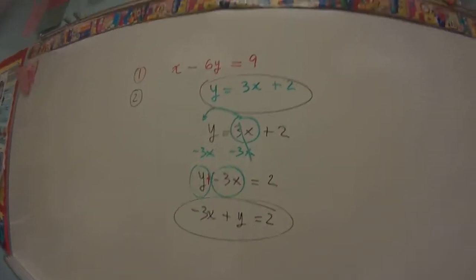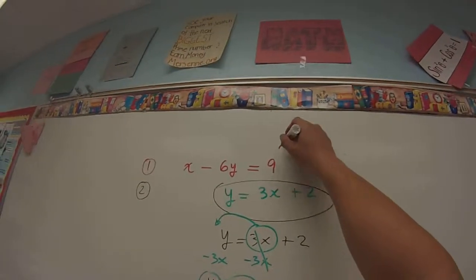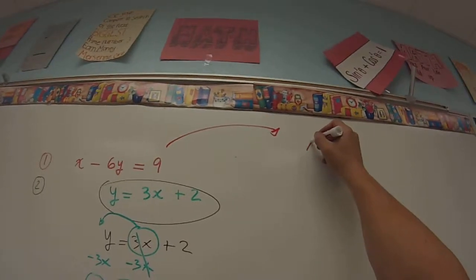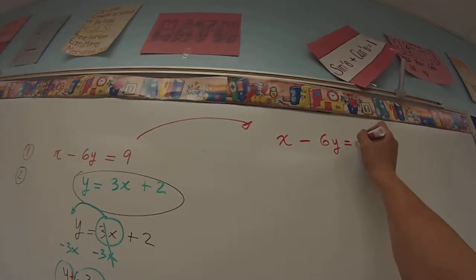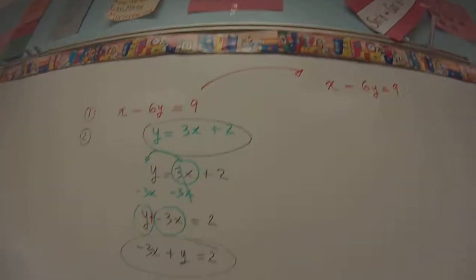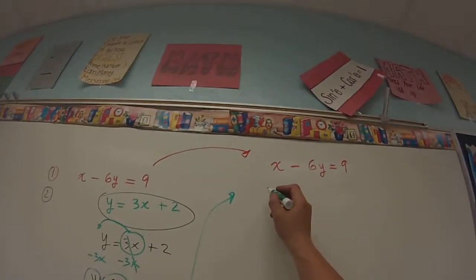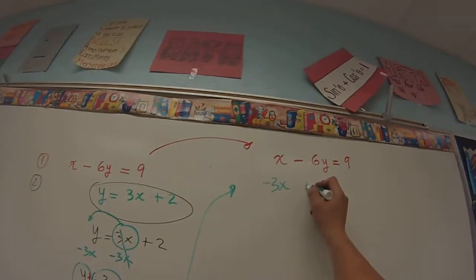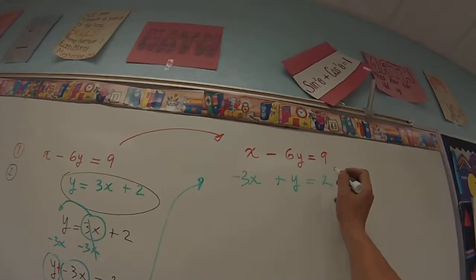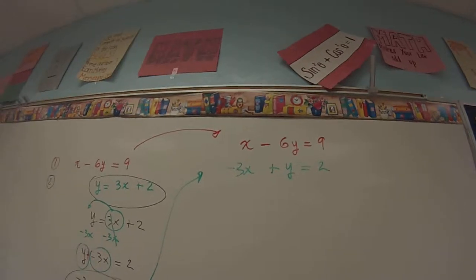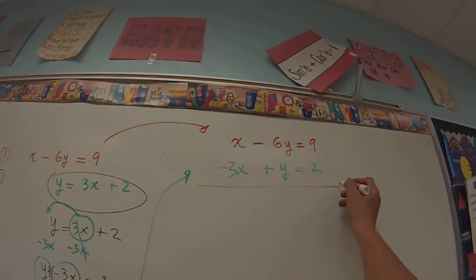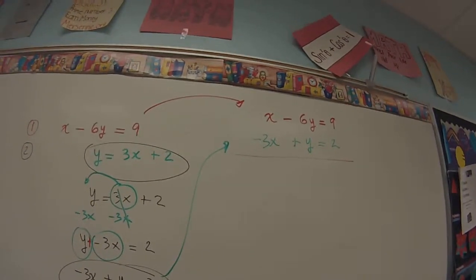So the first equation was x minus 6y equals 9, and the second equation became this equation in standard form, negative 3x plus y equals 2. So let's solve the system by the elimination method.